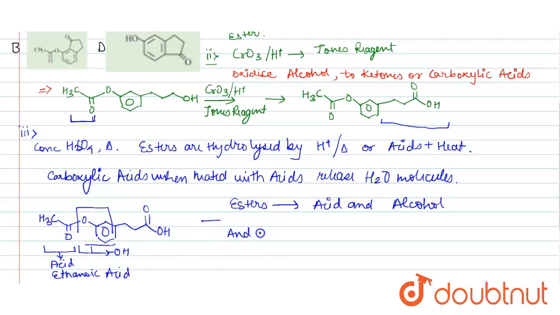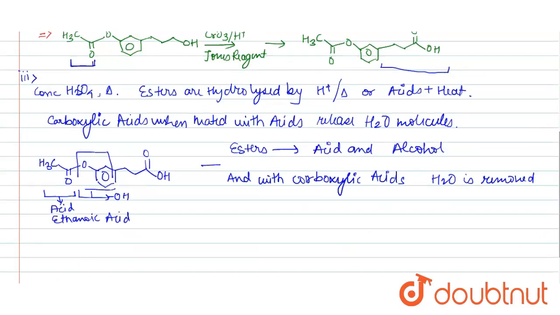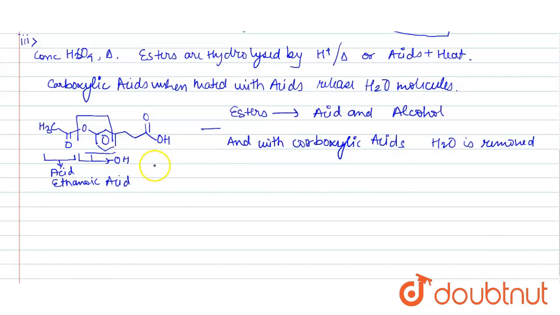And with carboxylic acids, an H2O molecule is removed. So when H2O is removed, due to the mechanism of the reaction, a ketone would be formed at that point, or the anhydride would be formed.